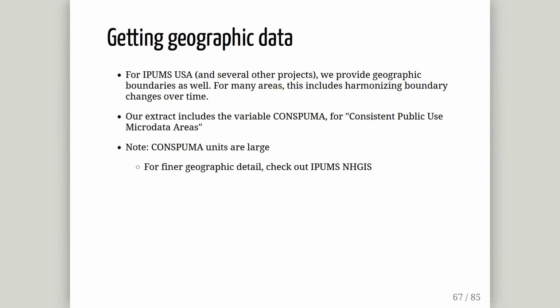Here we're going to be using ConsPUMA, consistent public use microdata areas. That's a variable with IPUMS USA that facilitates analysis over time. I should note that these units are pretty large, as you'll see in the map below. If you want more detail, check out IPUMS NHGIS, which has tabular data with shapefiles and has finer geographic detail.